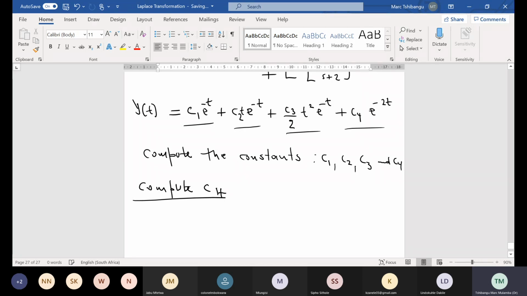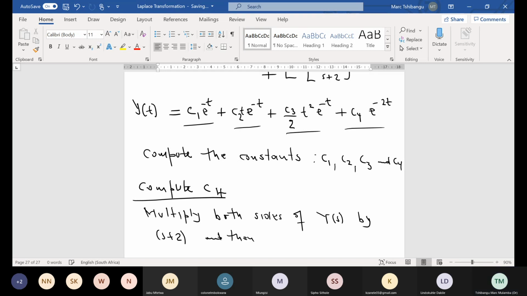So for C4, what we're going to do is multiply both sides of Y(s) by s plus 2, and then set s equal to negative 2.